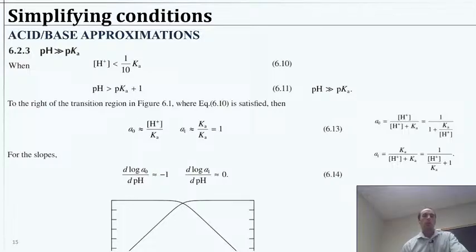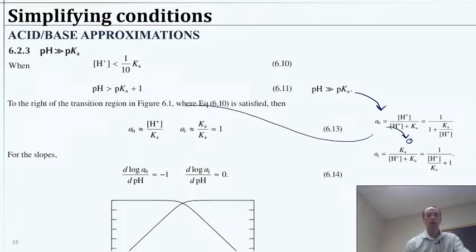Okay, so as long as those conditions are met, then alpha 0 can be simplified to approximately H plus divided by Ka. We'll recall that alpha 0 is normally H plus divided by H plus plus Ka, but under these conditions, the H plus in the denominator is approximately 0, which means we have H plus over Ka.